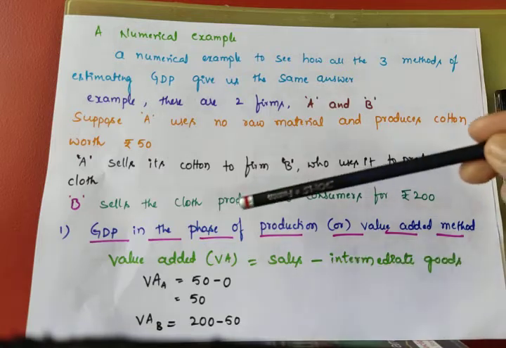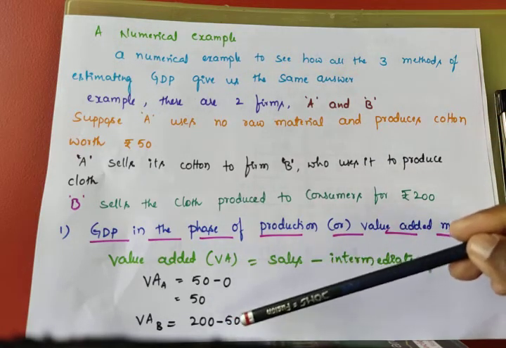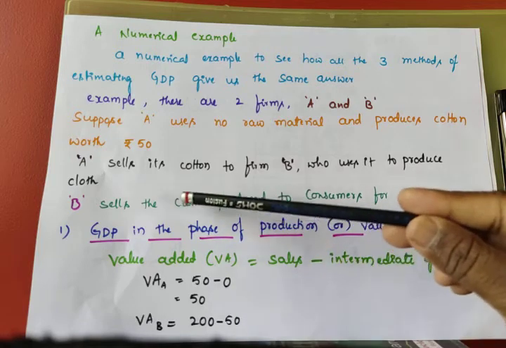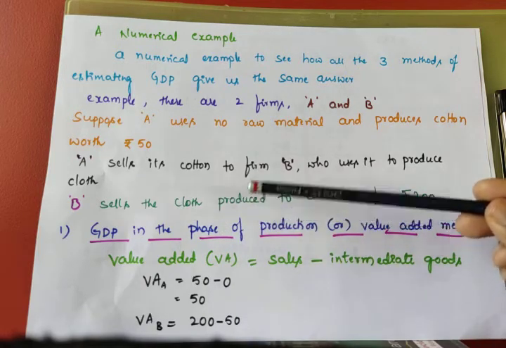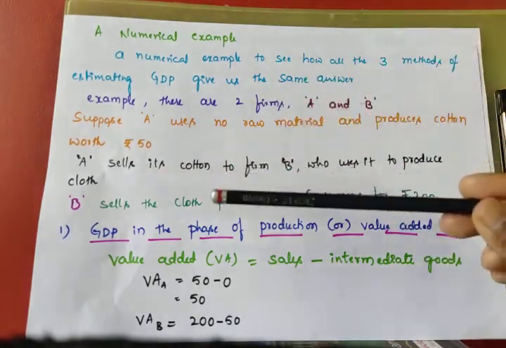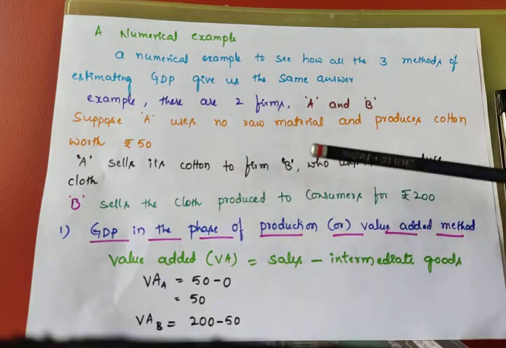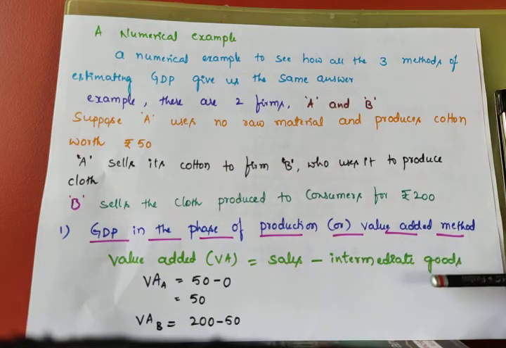Definitely firm B has used an intermediate good to produce cloth, because firm B purchased cotton worth rupees 50 from firm A. That is why rupees 50 is considered an intermediate good.